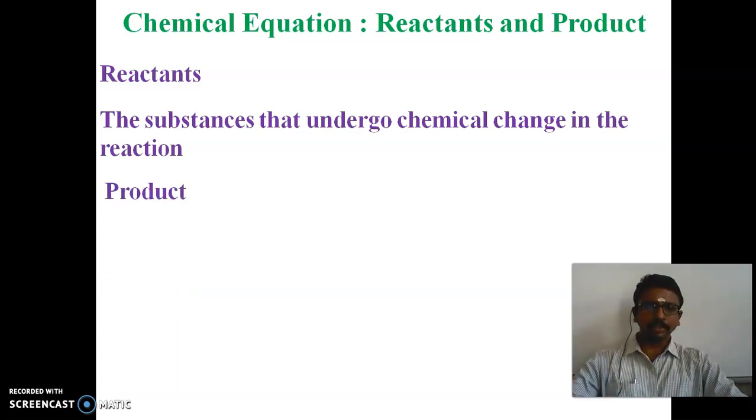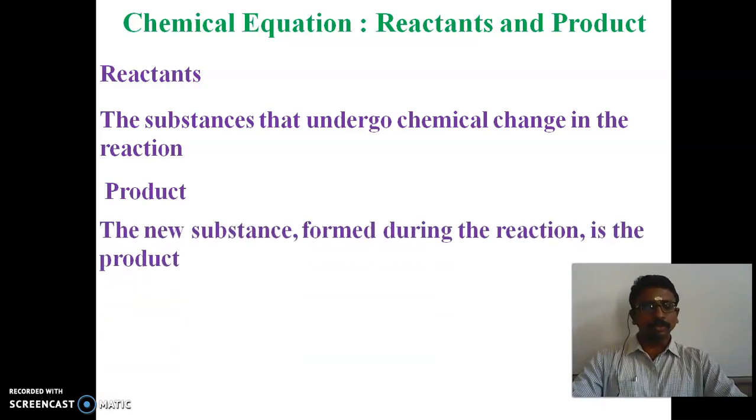Next, we will discuss what is meant by product. The product is the new substance formed during the reaction. To recap, the reactant is the starting material we take, which undergoes chemical change in the reaction.